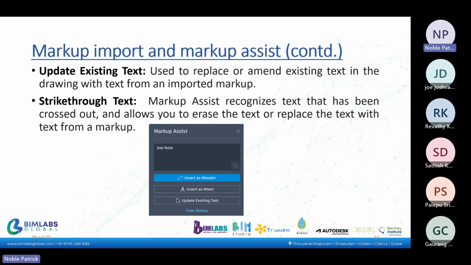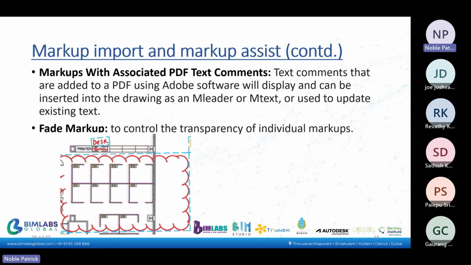There are many more features. PDF text comments can also be changed into legible text formats in the drawing in AutoCAD 2024. These markups can also be faded, and their transparency can be regulated in the Markup Assist tab.